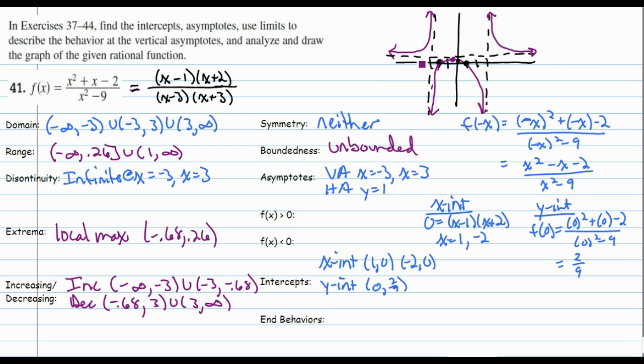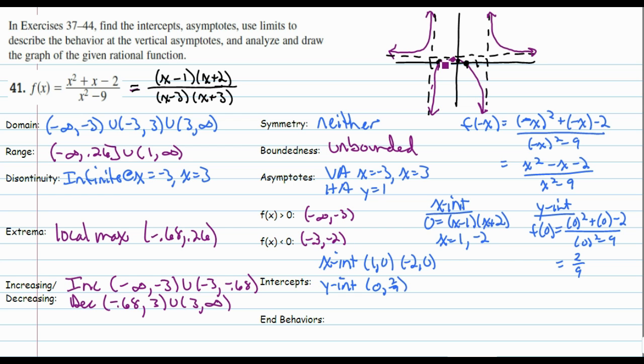So from left to right, the function is above the x-axis all the way out from -infinity up till the vertical asymptote at -3. Then the function drops below the x-axis from the vertical asymptote at -3 till the x-intercept at -2.